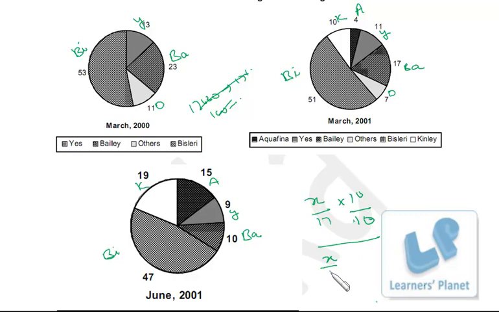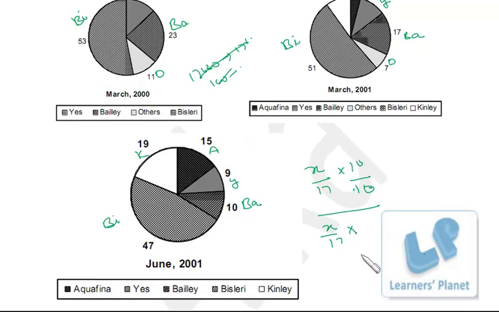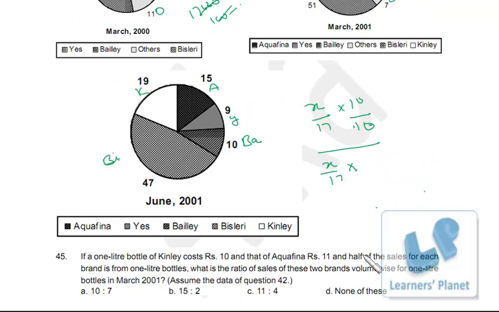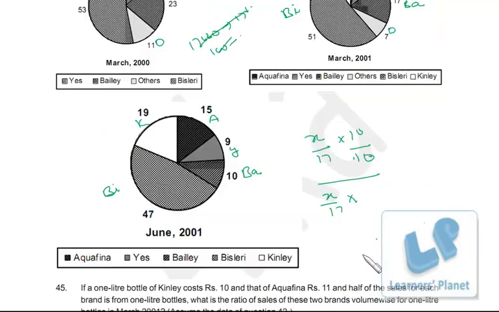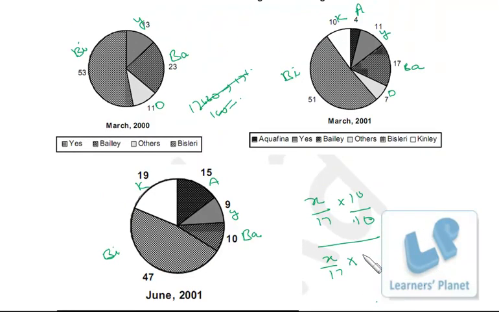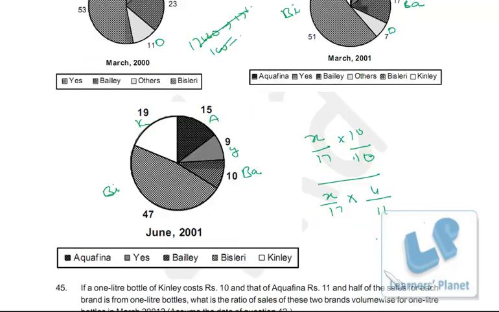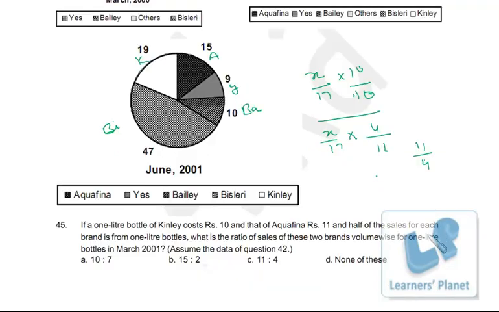Similarly, we have to find Aquafina. The sales will be 4% divided by the price 11. So the ratio is 11:4. This will be cancelled, this will be cancelled, 11:4.